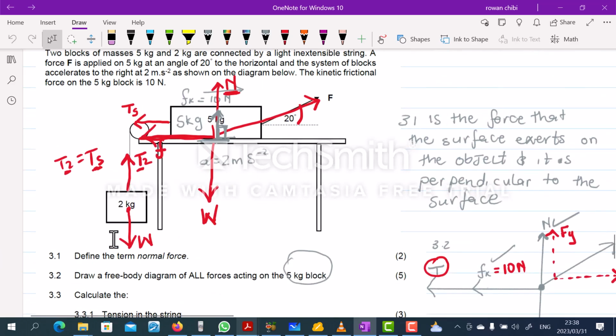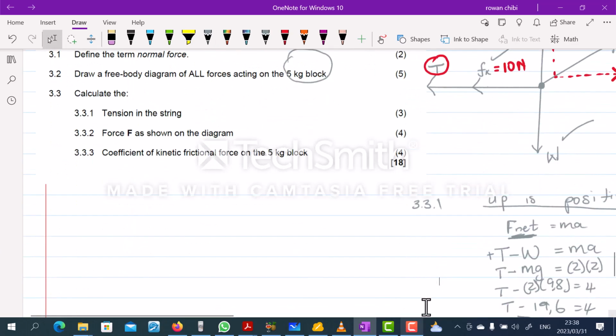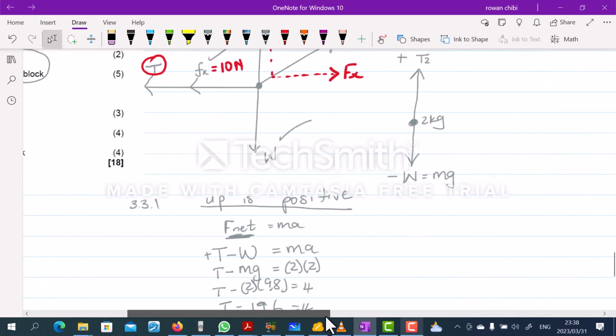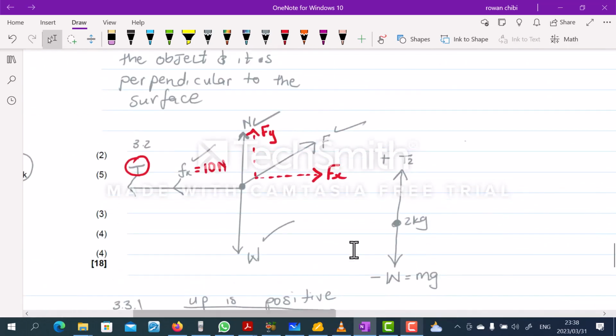In other words, they said we must find now this force F. Okay, so let's go back to our free body diagram for the 5 kg block. So now we're looking for this force, which has 2 components.